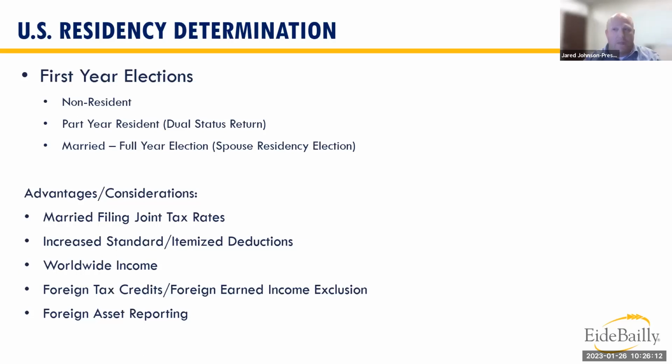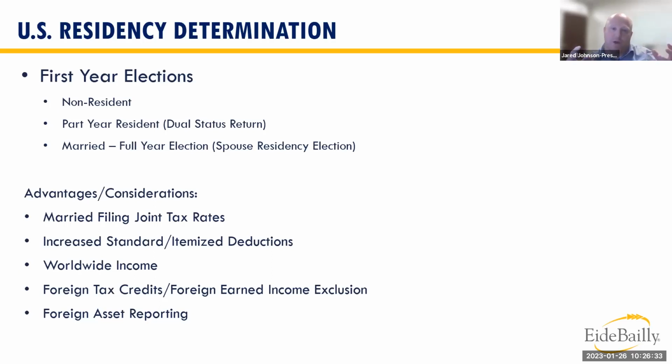So if you're married and you sell a house that has more than a $500,000 gain, you may want to not file a joint return so you can exclude that, because the UK is not going to tax it. You won't have a credit, but the US will, and that causes a problem.